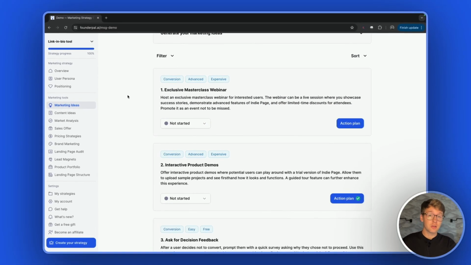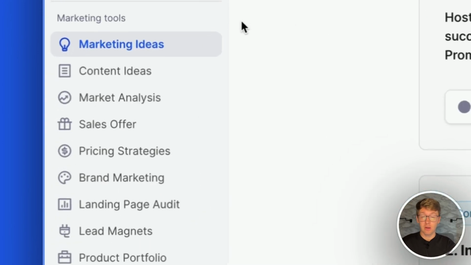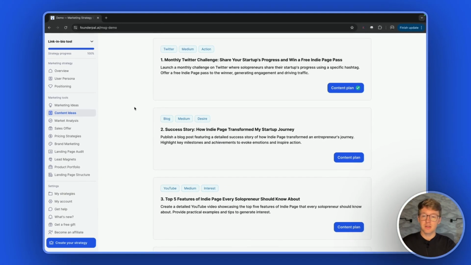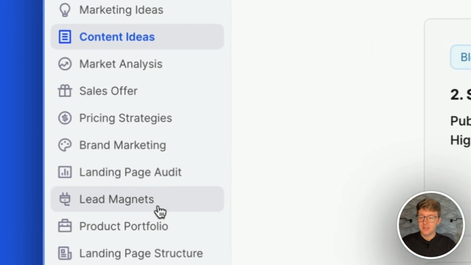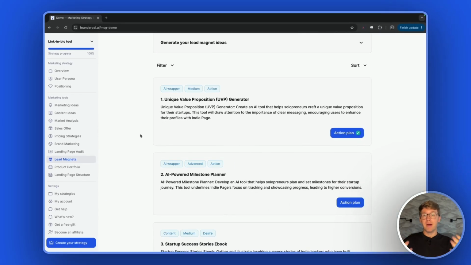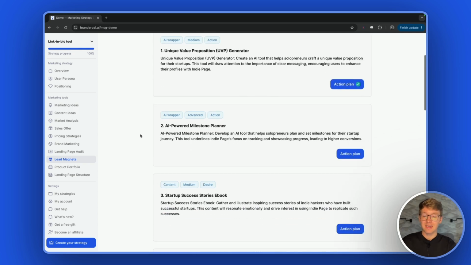If you are into content marketing, which is the case for a lot of SaaS businesses, you can also get ideas for your content marketing game. And finally, a lot of SaaS businesses do SEO, and lead magnets is one of the best ways to win an SEO against big companies. You can get lead magnets ideas with this feature.